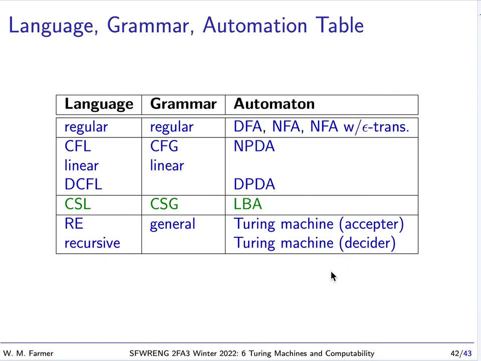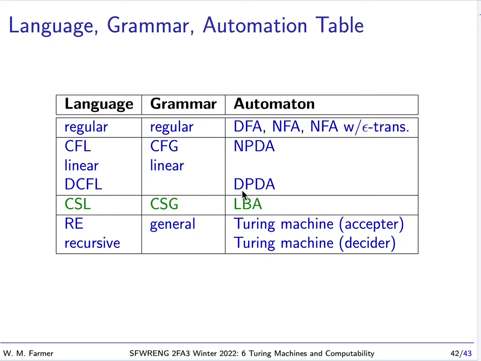Now, the part in green deals with context-sensitive languages. We really haven't spent much time on these because they're not as important for computing as all the other languages are. We've also noted some subdivisions. So some context-free languages are linear. Those are languages that are generated by linear grammars. And there's also another subgroup of languages, deterministic context-free languages.